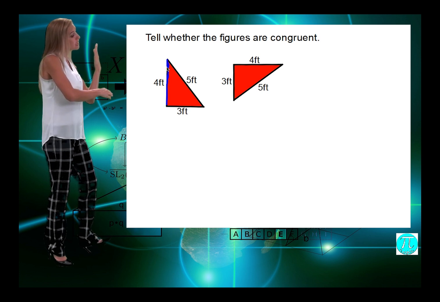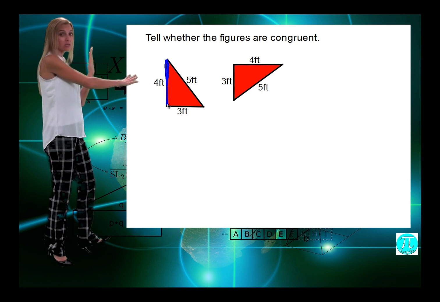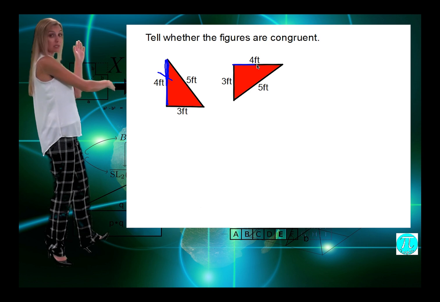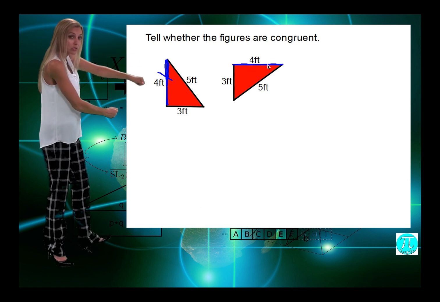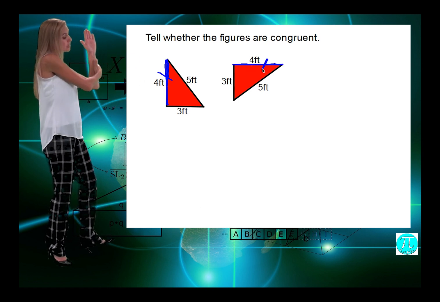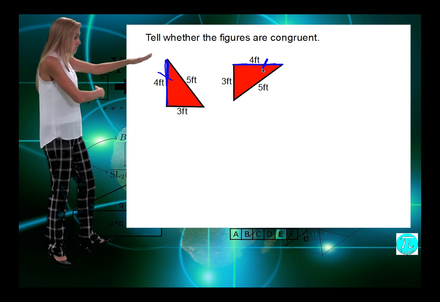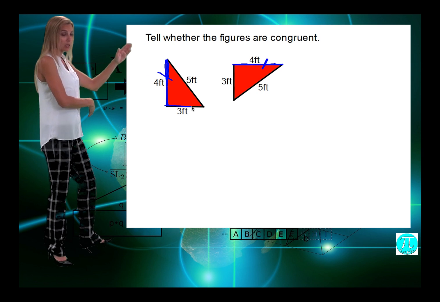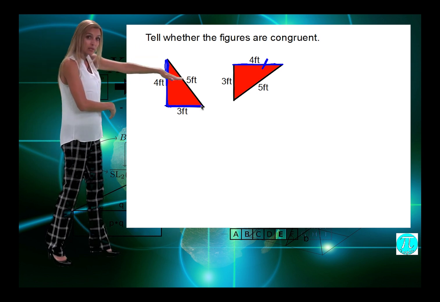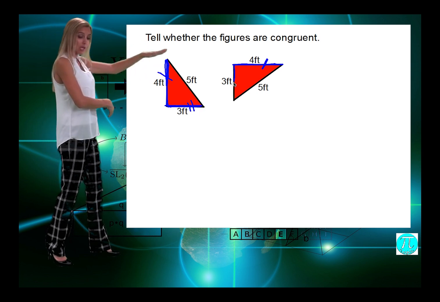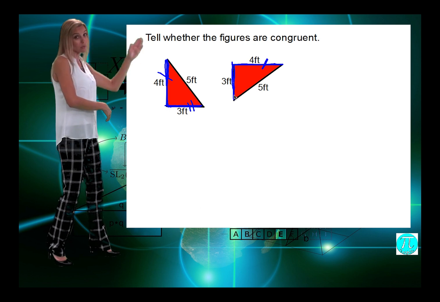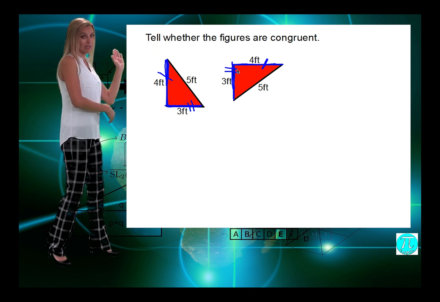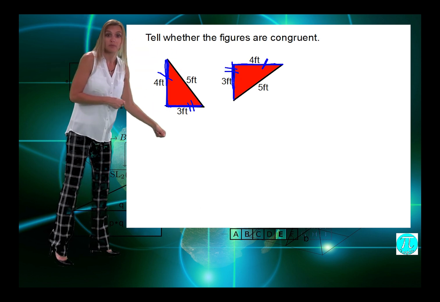The triangle on the right looks to me like the triangle on the left just got a little turned. So the height that is over here is the height that's over here, and the other one. Those two sides are congruent. They have the same measure. Those two are corresponding. That triangle just only turned.